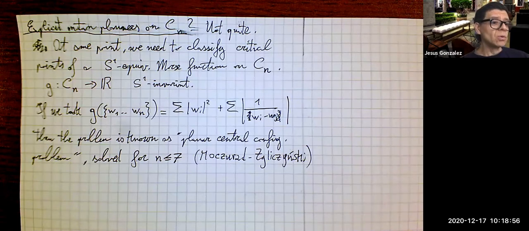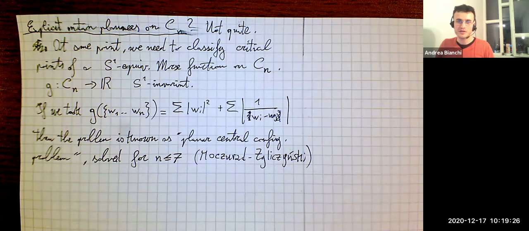But if you go to R4 or any Euclidean space of even dimension, the corresponding configuration space has the same value. It's independent of the dimension. It only depends on the number of particles. So the question is, what happens for R4 or any even dimensional Euclidean space?